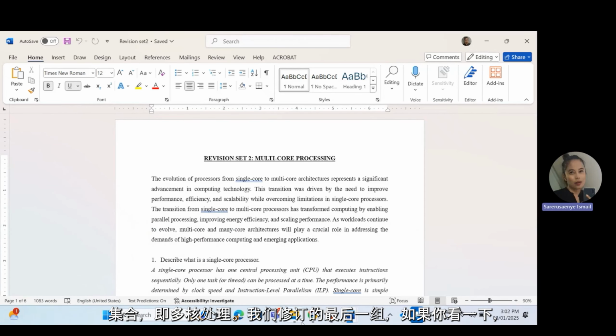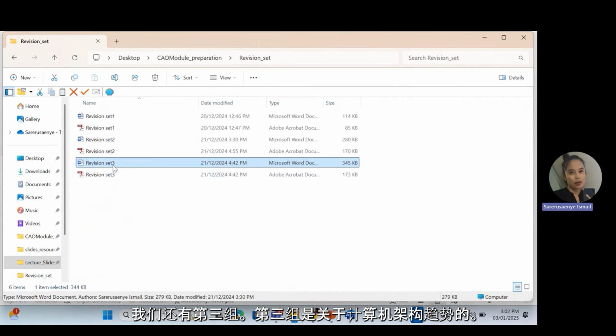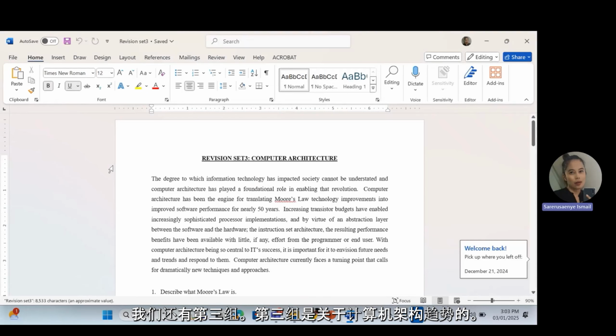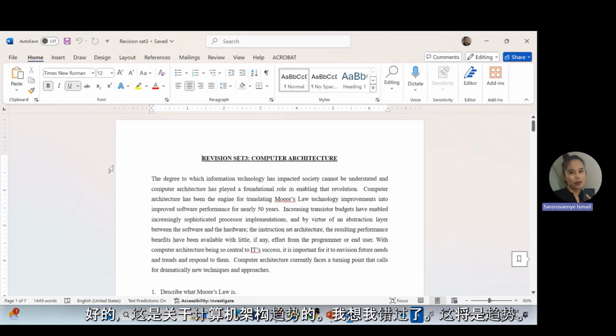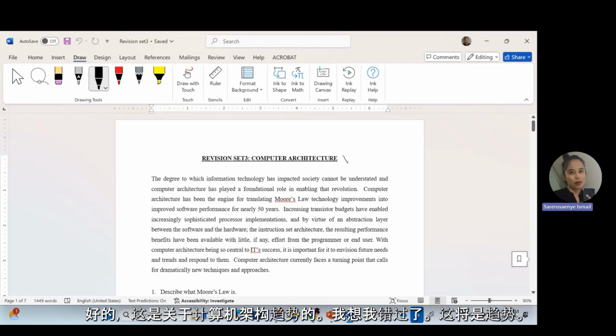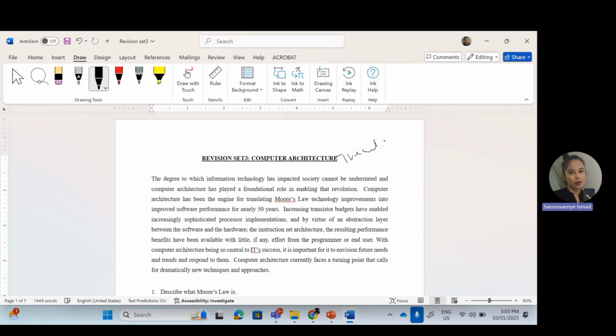And the last set for our revision is set 3, regarding computer architecture trends. So we have 3 sets overall.